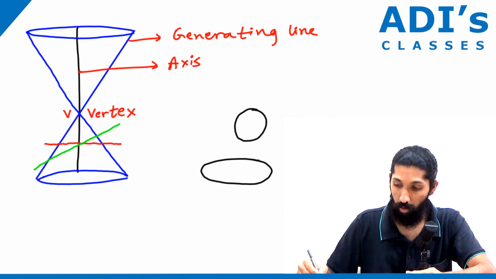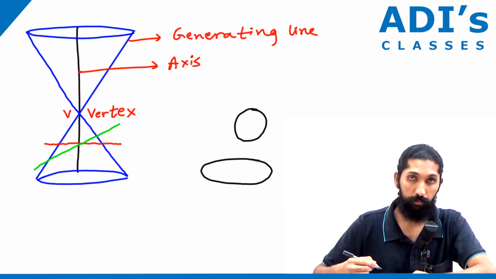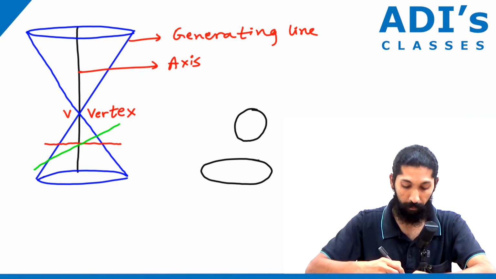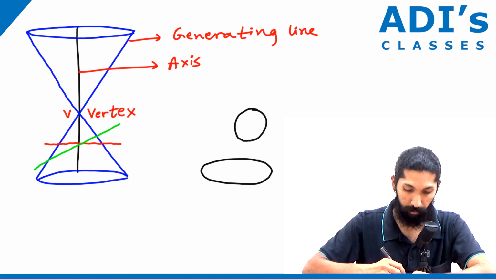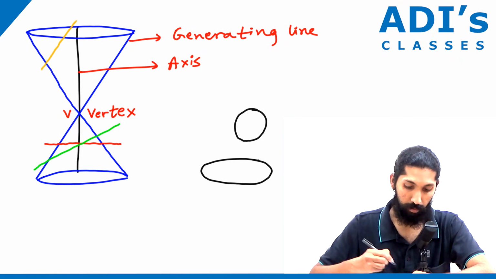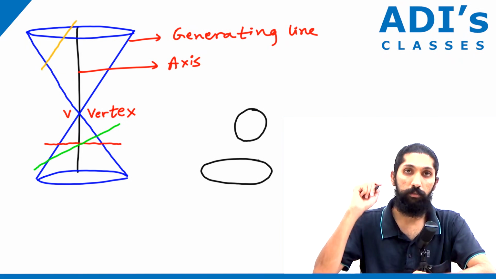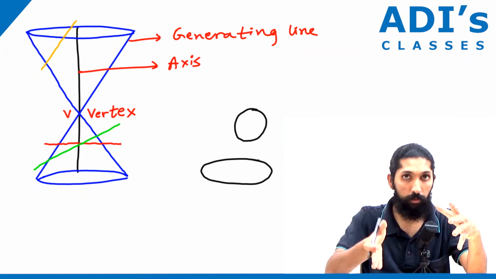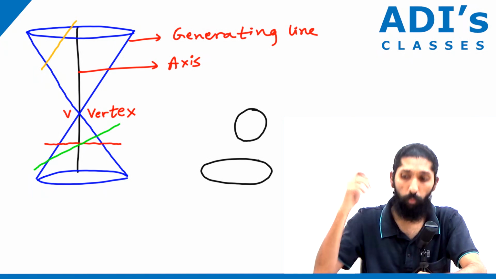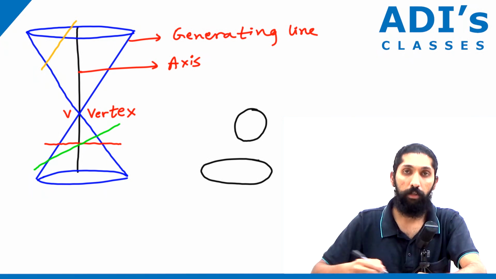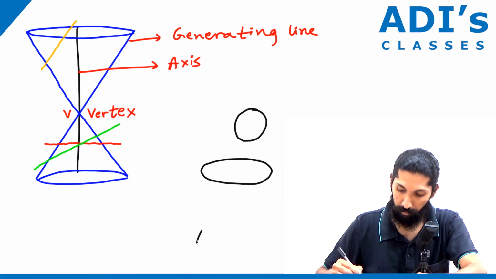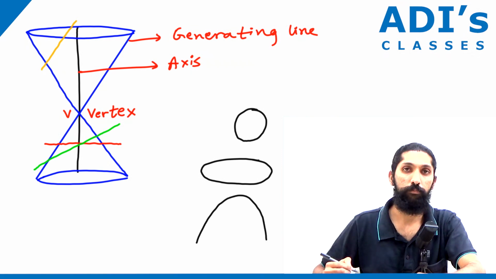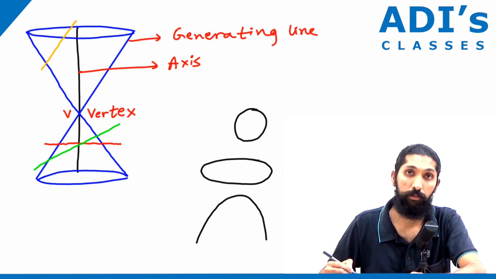Imagine I'm going to cut it like this. Again, assume a cone. You cut one part of the cone sideways. What shape are you going to get? You are going to get a shape something like this, what we call a parabola.